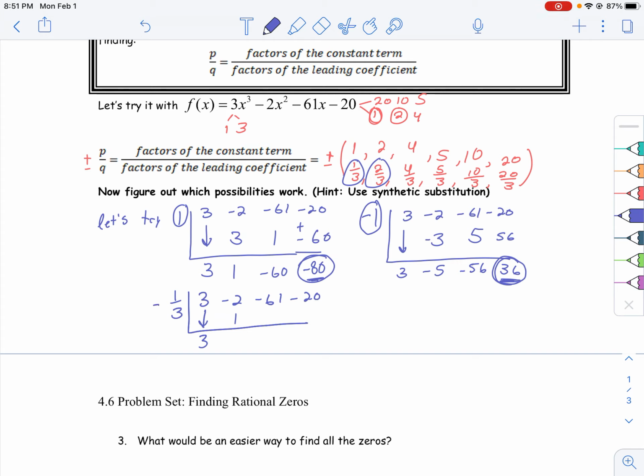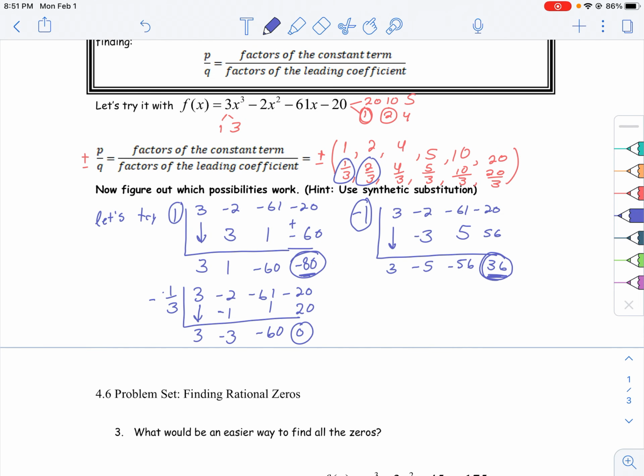Let's go negative 1/3. Negative 1/3 looks nicer. So 3, negative 1. You add this and you get negative 3, right? And then we go 1/3 and negative 3, which makes 1. So that's negative 60. And then negative 1/3 of negative 60 is 20. There's our 0. Boom. Okay, we found the 0.